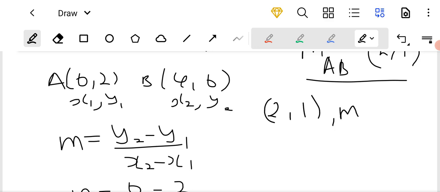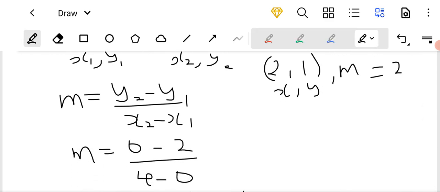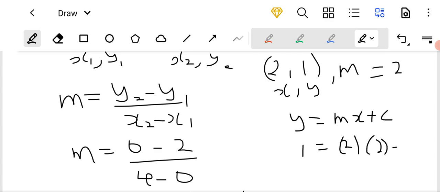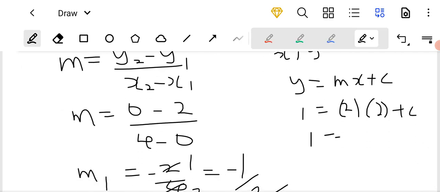Your m2, which was a positive 2, then that will be x, y. So you're going to have y is equal to mx plus c. So y, which is a positive 1, equals m2, which is 2, times x, which is also 2, plus c. So you have 1 is equal to 2 times 2, 4, plus c.